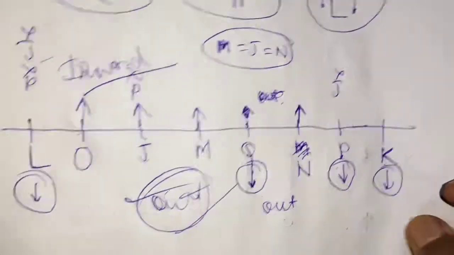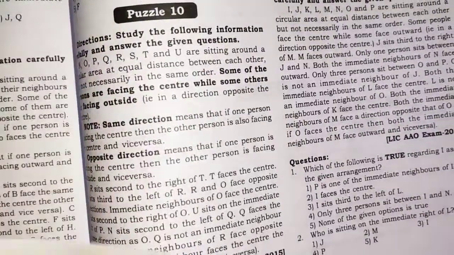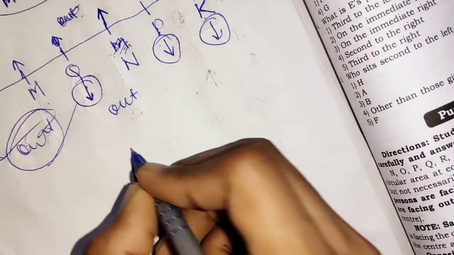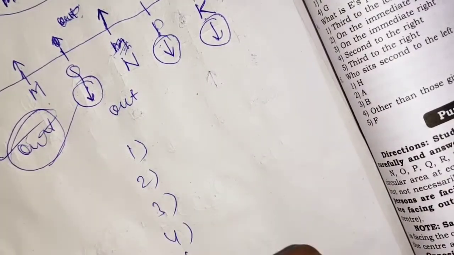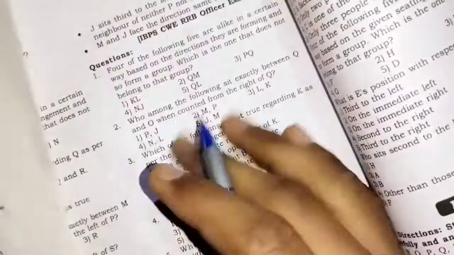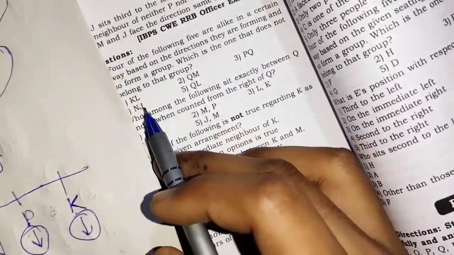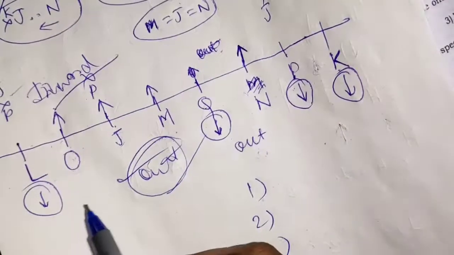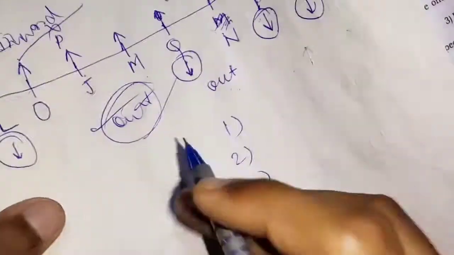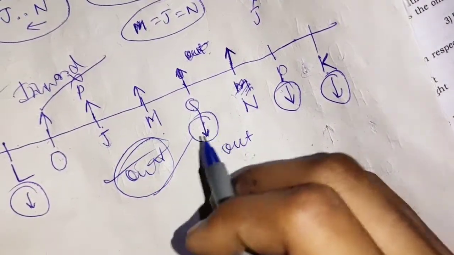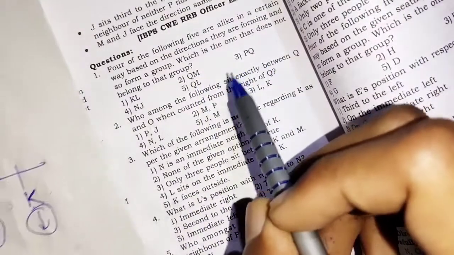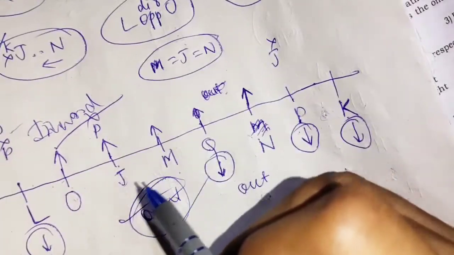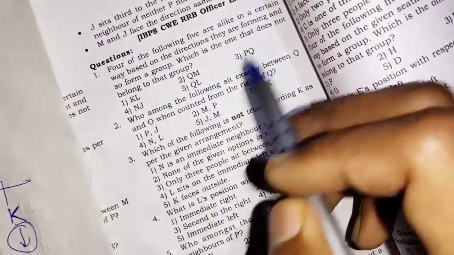So this was all, and now we will solve the questions. 5 questions are there. First, four of the following pairs. KL: K is facing downward and L is facing downward. QM: Q is facing downward, M is facing outward. PQ: P is facing downward and Q is facing downward.